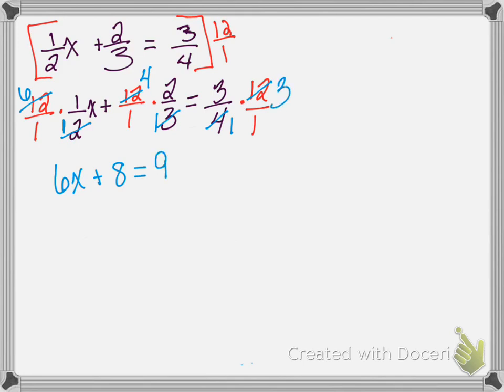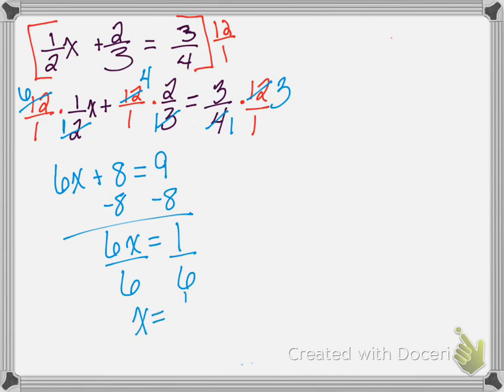Now, it is so much easier. You want to eliminate your denominators as soon as you can. That's what you want to do here. So now, this is a relatively straightforward equation that I can solve. And x is 1/6.